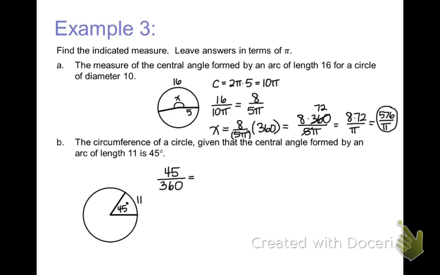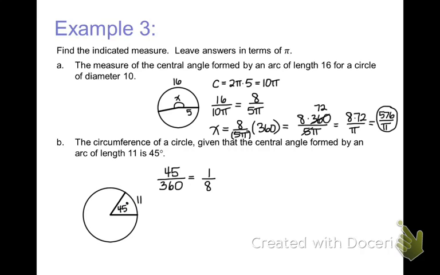How many times does 45 go into 360? 8. This fraction simplifies down to 1/8. That means that this little pizza pie right here takes up 1/8 of the whole circle, right? That means that 11 is 1/8 of the whole circle.